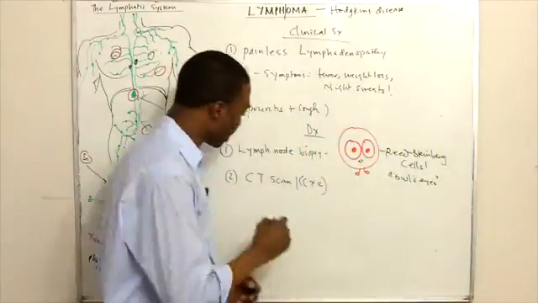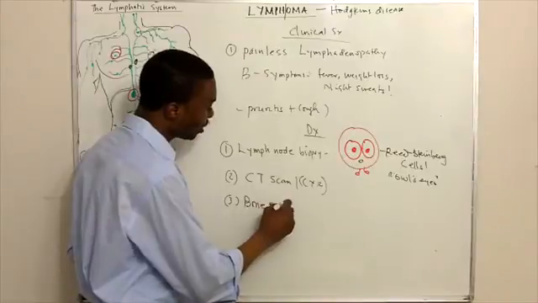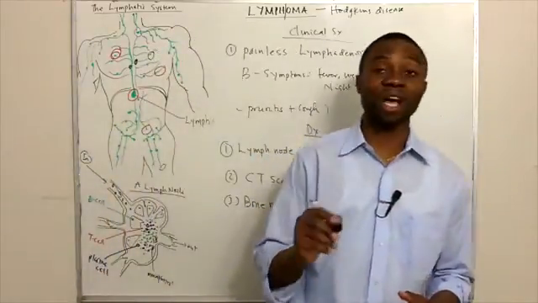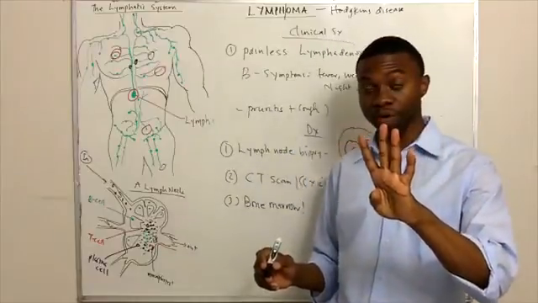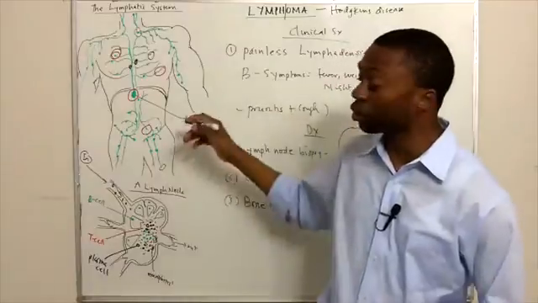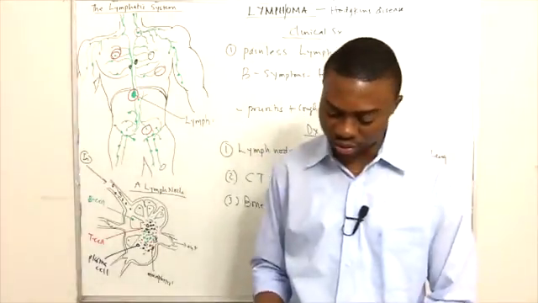And we might want to check the bone marrow to make sure the disease has not spread to the bone marrow, because if it has, at that point, that is a stage 4. Remember, stage 4 is extranodal disease, because it has moved out of the lymph nodes and migrated to the other parts of the body.